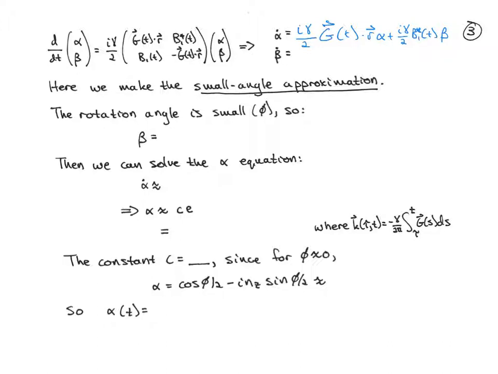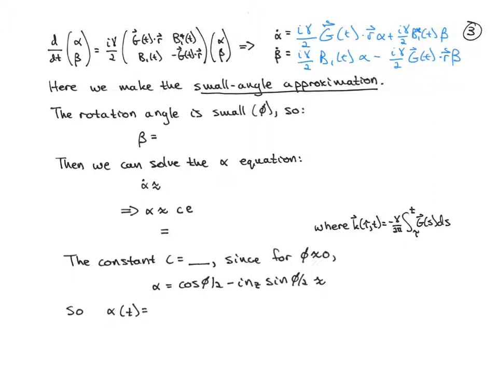And then the time derivative of beta is equal to i gamma over 2 times b1 of t times alpha minus i gamma over 2 times g vec of t dot r vec times beta.